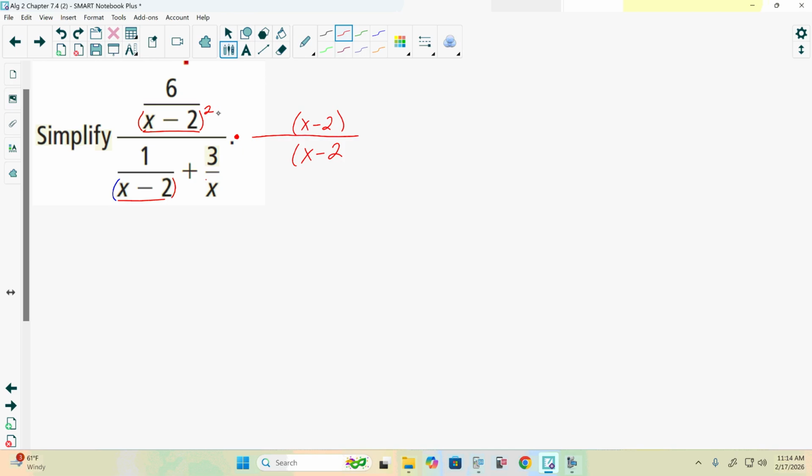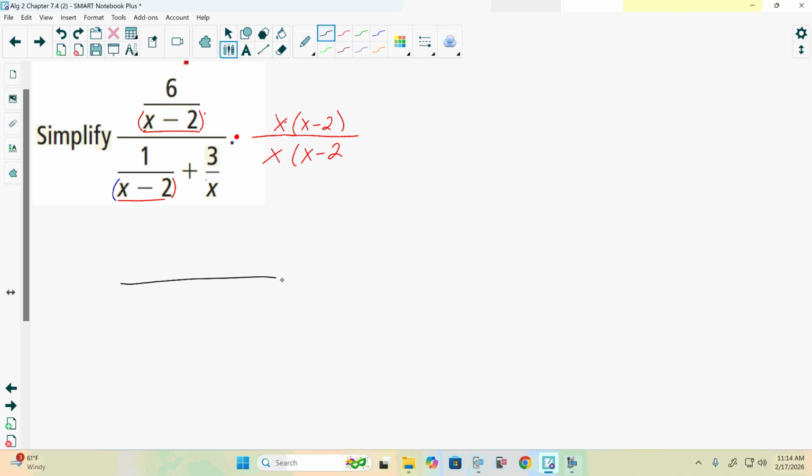Since it shows up twice in one of the spots, we need it twice. But here, it only shows up once in any of the spots. Now, we also have x. And since it only shows up in that one denominator once, specifically that one spot, we're going to need it once.